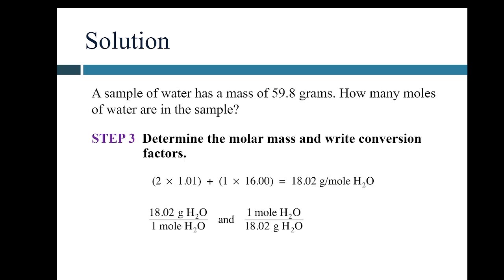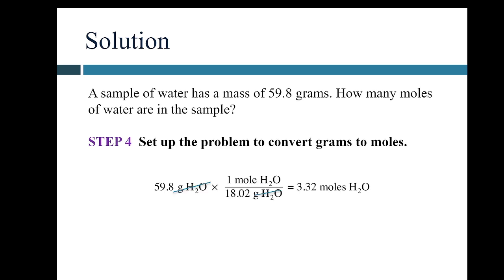So you have 2 hydrogens, that's 2, plus the oxygen, which is 16. Altogether that's something slightly over 18. It's a multiple choice. You don't have to actually get the sig figs, right? So then we're going to take that 59.8 and divide it by that 18. That's going to give us a number that's just a bit over 3, or 3.32 moles of H2O. Everybody good?